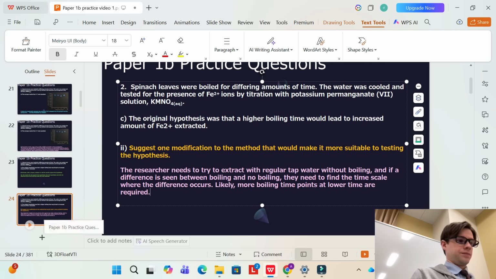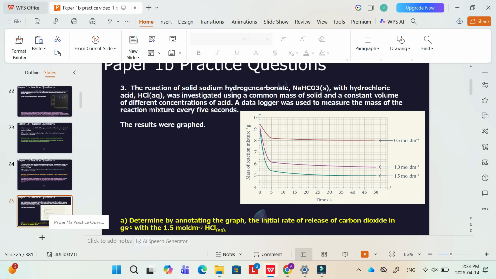Okay, next, question 3, the last one here. The reaction of solid sodium hydrogen carbonate, NaHCO3 solid, with hydrochloric acid, HCl, was investigated using a common mass of solid and a constant volume of different concentrations of acid. A data logger was used to measure the mass of the reaction mixture every 5 seconds.